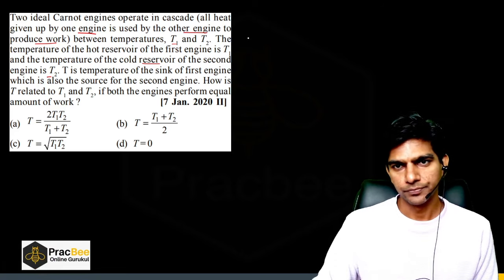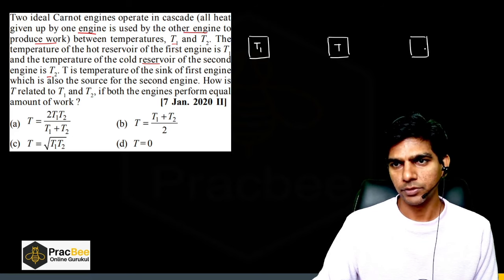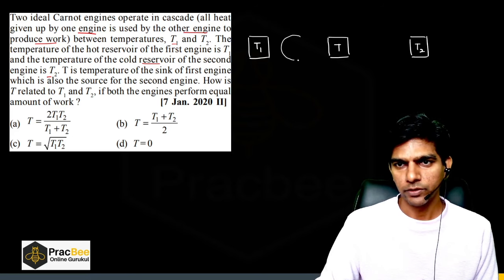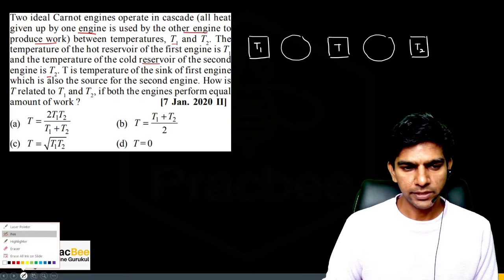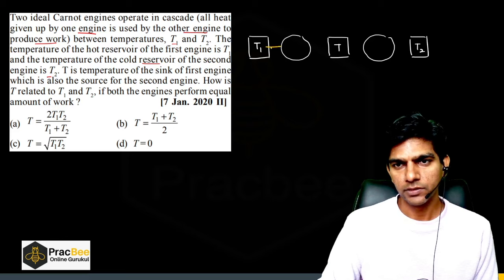So here we have a reservoir which is at temperature T1, and there is another reservoir which is at temperature T, and there is another reservoir which is at temperature T2. Now here we have one engine, and this is the other engine. So heat is being extracted from this reservoir. That is, this heat is Q1, and it releases heat Q to T, right?